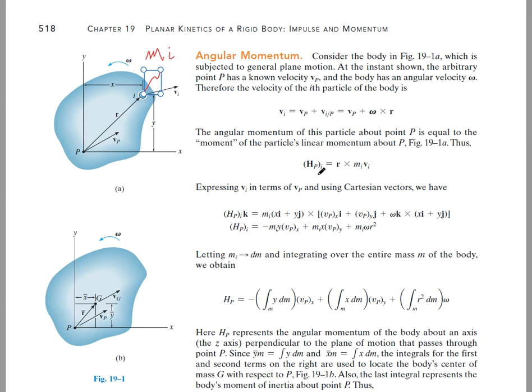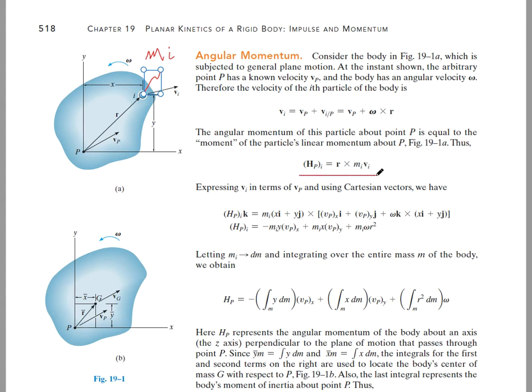Then the angular momentum about P again would be the position vector r crossed with the linear momentum of the particle i, and then for the entire body it would be a matter of integrating.